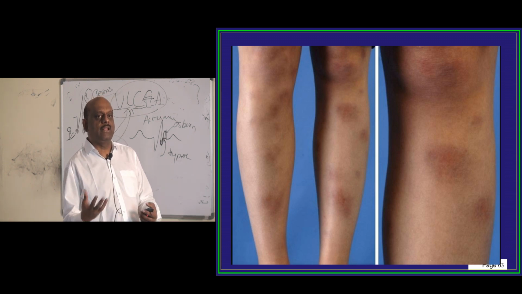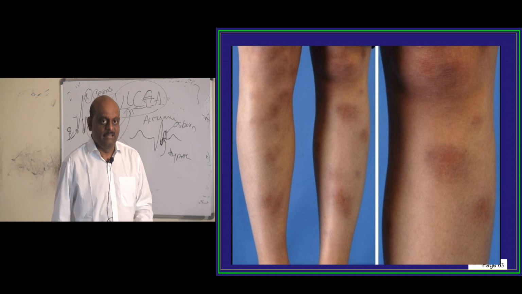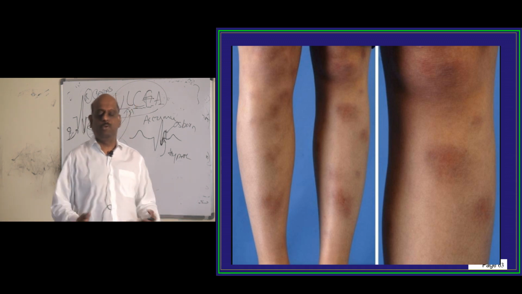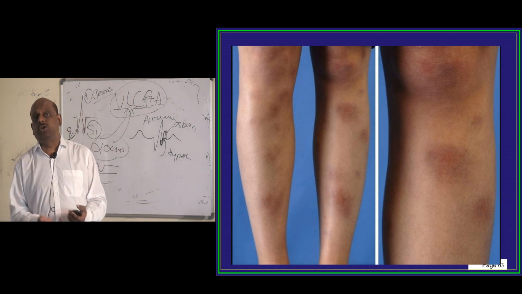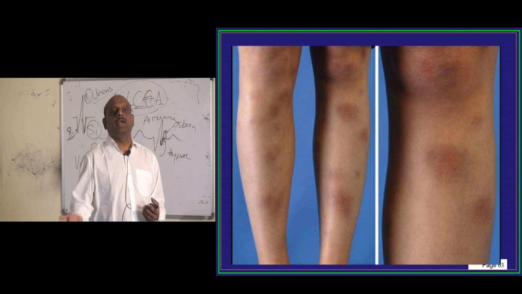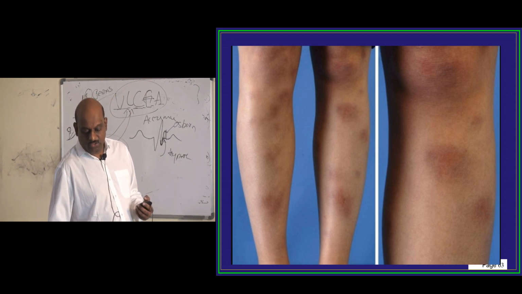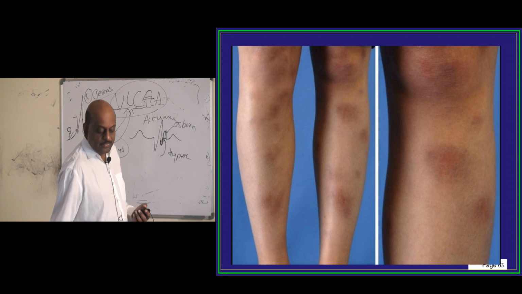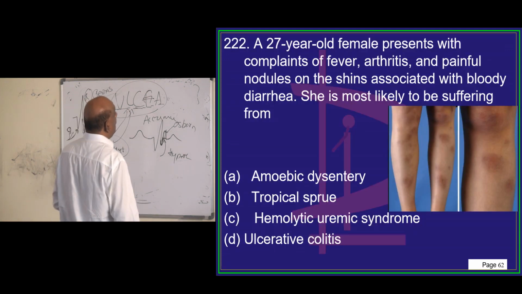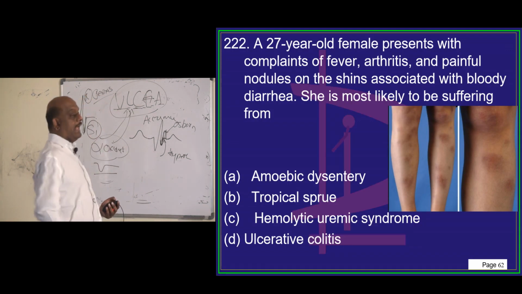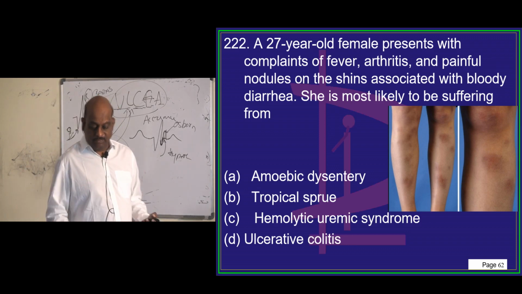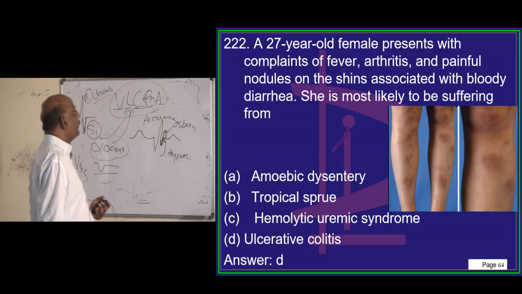Pathologically, it is panniculitis, that is inflammation of the fat. Inflammation of the subcutaneous fat is called panniculitis, which is clinically called erythema nodosum. So, where do you get erythema nodosum? Classically, in ulcerative colitis you get erythema nodosum, is what you have to appreciate.